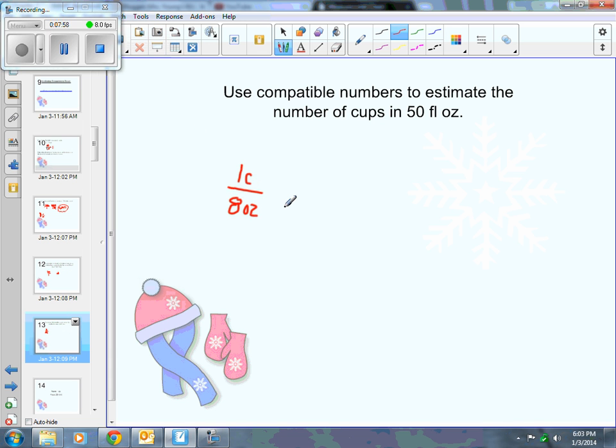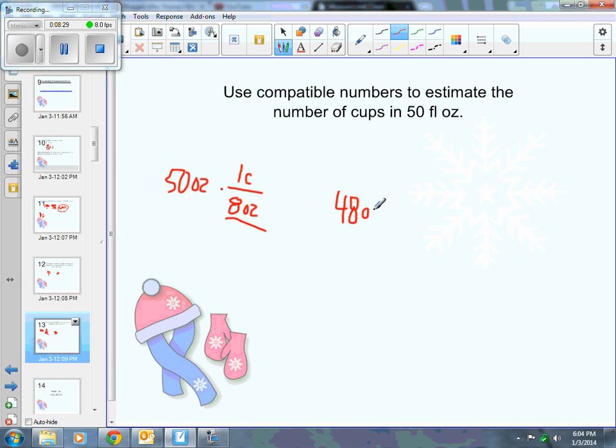So my first step when I'm converting 50 ounces to cups is to figure out the closest number to 50 that is divisible by 8. We count up by our 8s: 8, 16, and so on. Eventually, we'll get to 48.